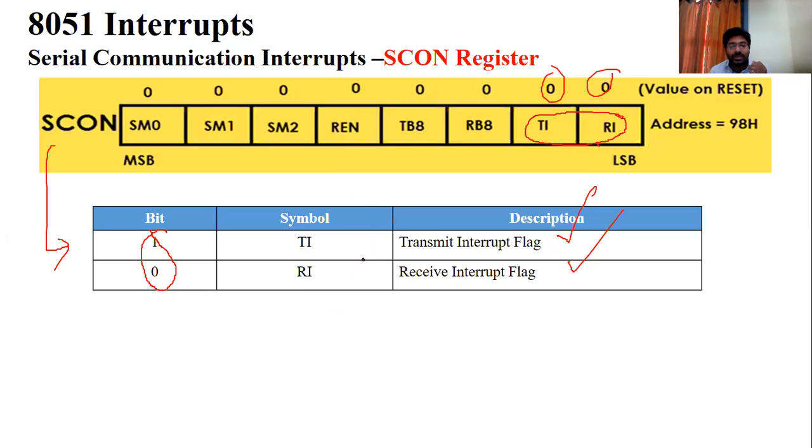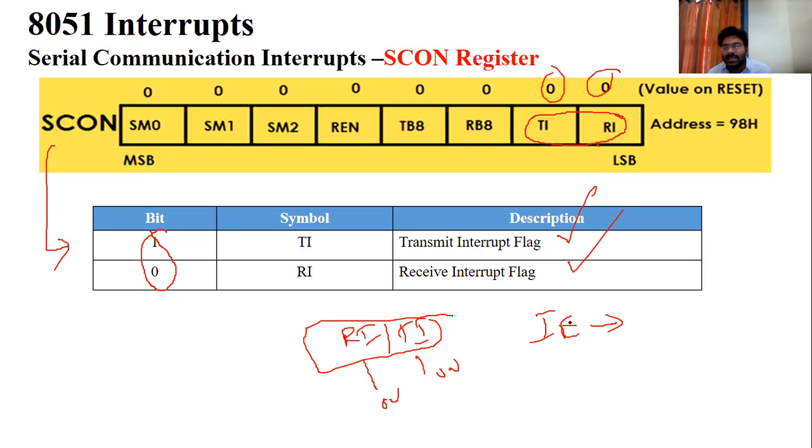Serial communication may be RI or TI, remember. The same pin is used for both functions, but whether this one or that one is on, how do you know? You can control RI and TI, turning them on and off. For the transmit interrupt flag or the receive interrupt flag, you can turn on the interrupt enable.